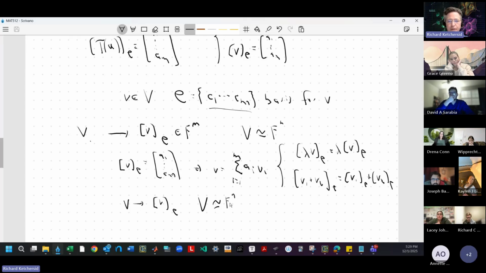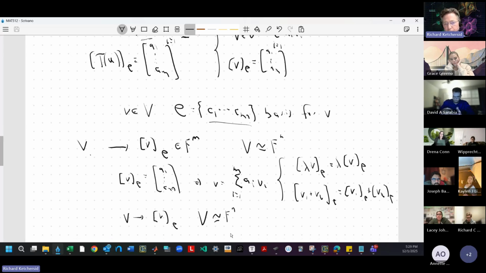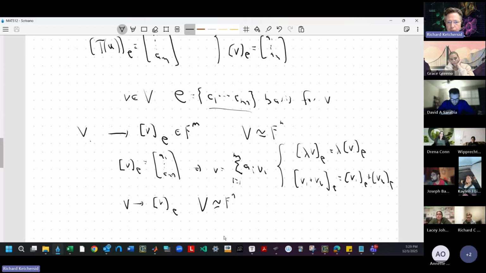It may be some strange vector space, but here we're just associating it to F^n, R^n or C^n. That's sort of lying underneath all the stuff we're doing with matrices, because we're replacing arbitrary linear transformations with these arrays of numbers.